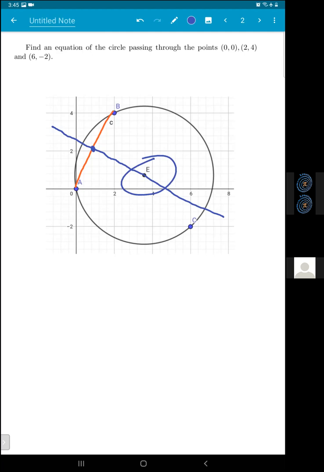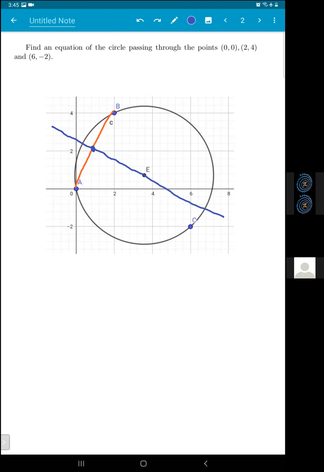So can you tell me how to set up a system of two equations in two unknowns here using that idea? Anyone? Is it possible first to get the equation of the blue line there?